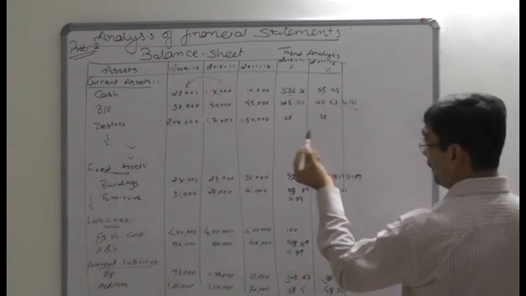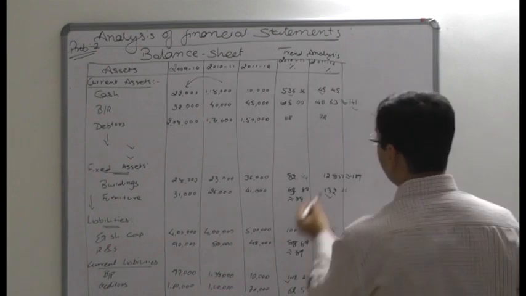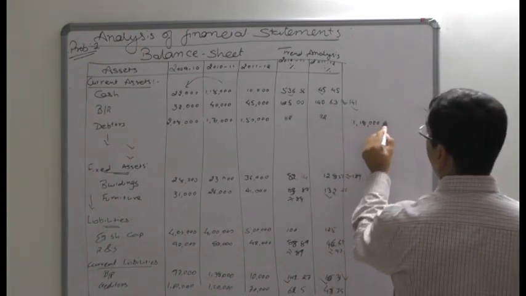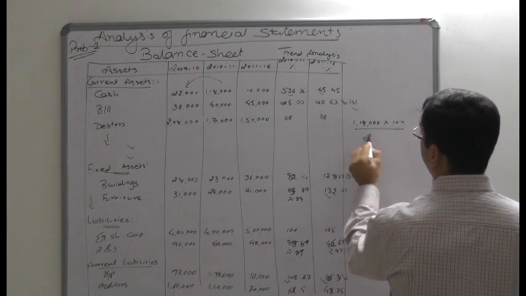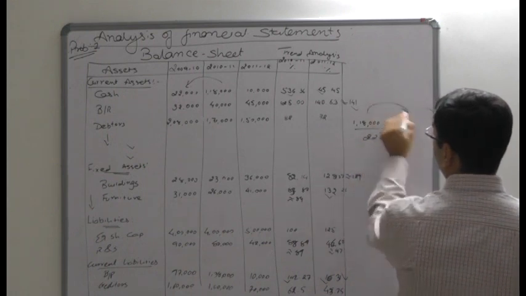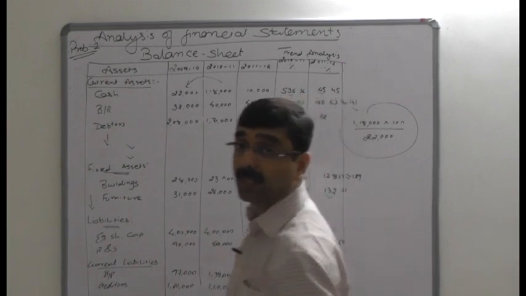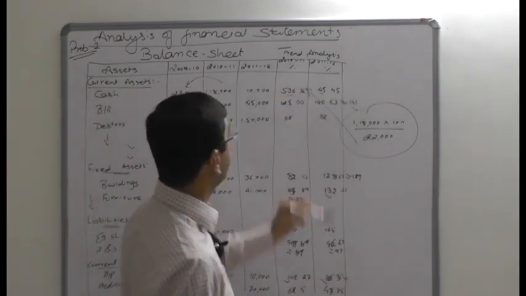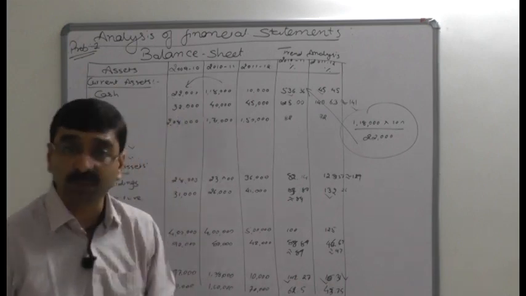See here, the percentage is very easy to find out. The 1,18,000 in the current year would be compared with the 22,000. This is the way to find out the percentage of change, and the percentage comes to 536.36%.